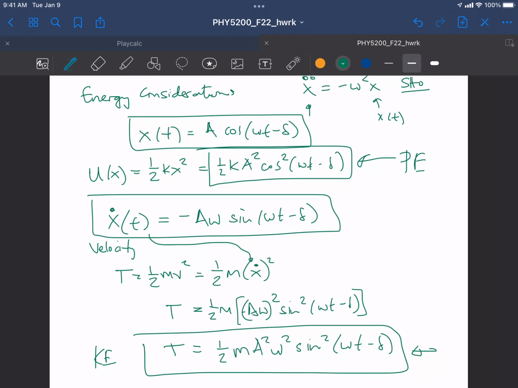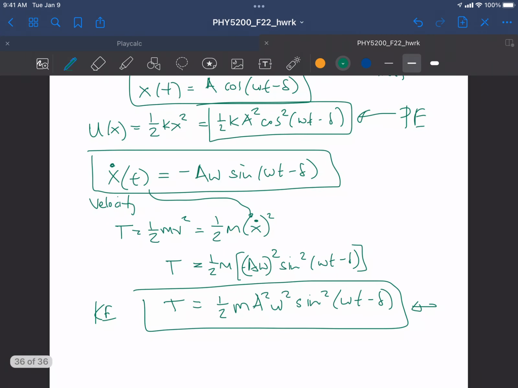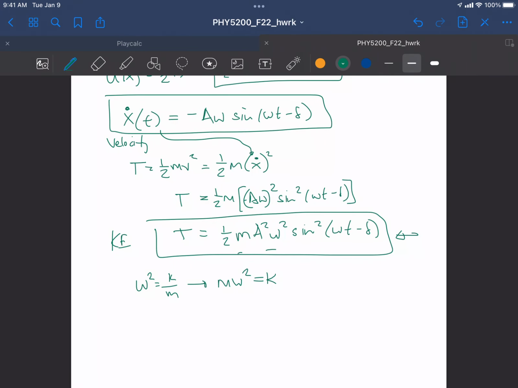Okay, and we see from these forms. Well, hold on. Let me do one thing first. We have defined omega squared as k over m, right? So that means that m omega squared is equal to k. And I have m omega squared there and there.